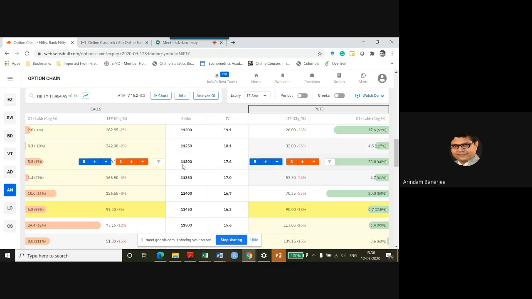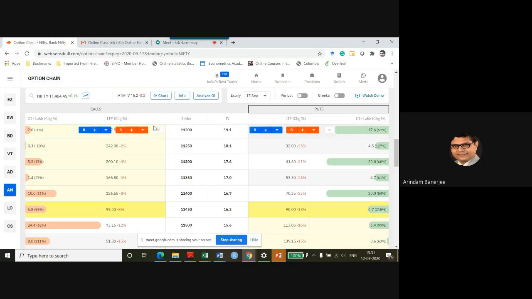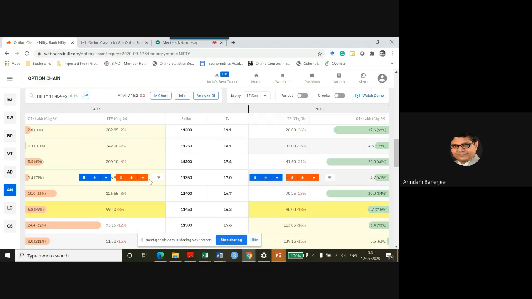Sometimes it happens when the liquidity is very low, when the volume is very low, but it doesn't exist for a long time. So this call option of 11,300 Nifty is actually an in the money call option. You can see in this option chain, all the in the money call options are a little grayish.